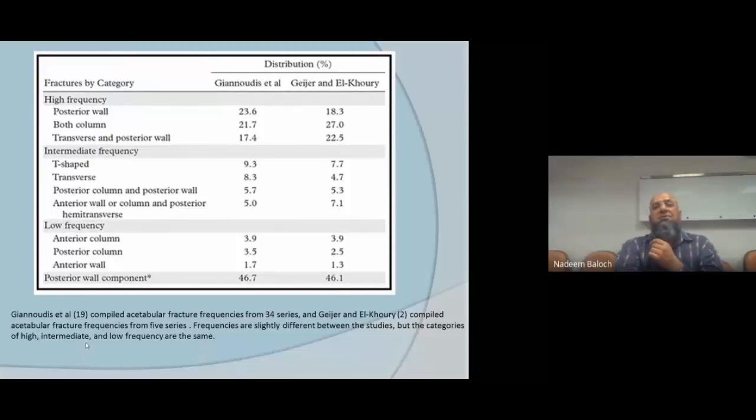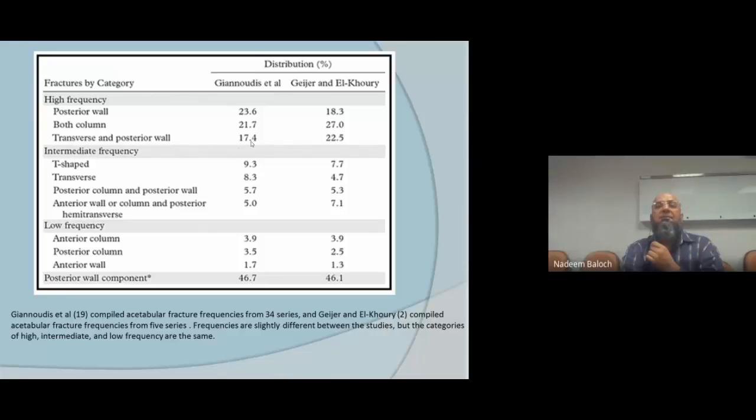Okay, a study was done by Judet and Letournel in the late 90s, and they described the frequency of these fractures. Their studies were comparative, and they showed that the most common fractures were the posterior wall, around 23.6%, and both columns, around 21%. Transverse and posterior wall were around 17.4%.